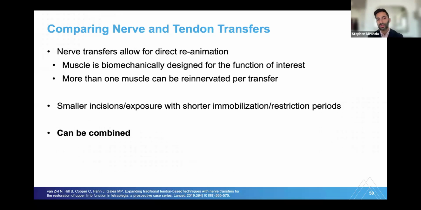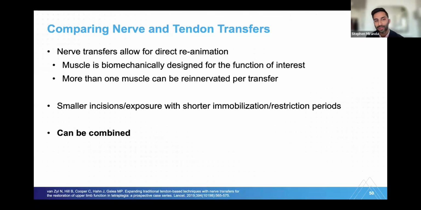Rather than using one tendon as a pulley and swinging it over, which can be a bit antagonistic, it's counterintuitive to try and activate an opposing muscle to do the opposite function, like thinking about activating your triceps to do your biceps. When you're reinnervating a muscle with a nerve that's working the way it was naturally designed to, it can be a lot more functional and powerful.